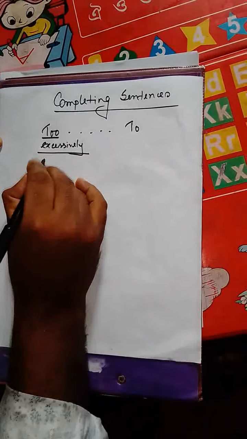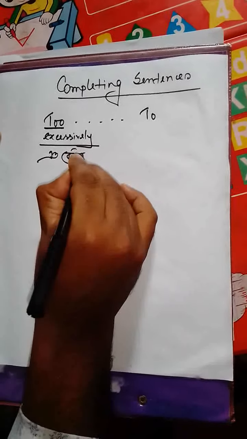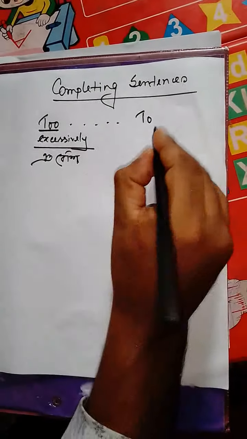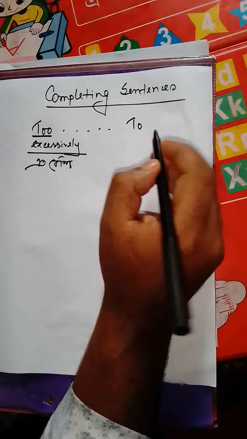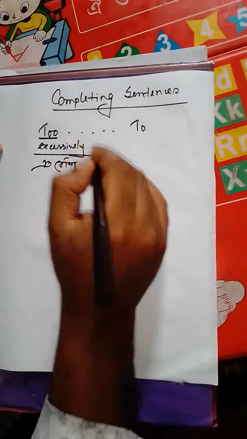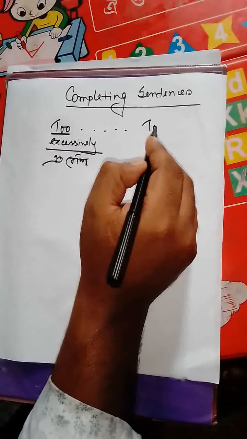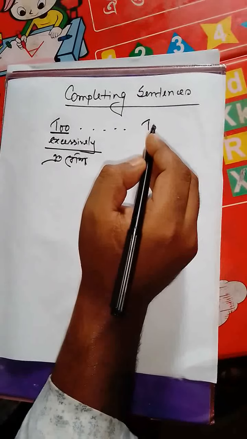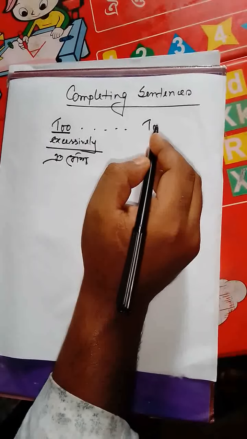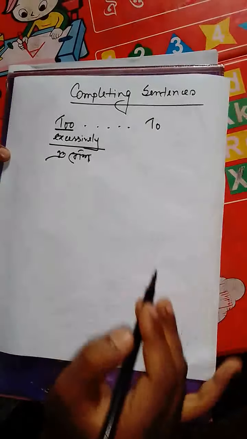You have to always remember that if there remains an adjective between this too and the infinitive to, then this question will give you a negative meaning. And according to the negative meaning, you have to write down the answer.